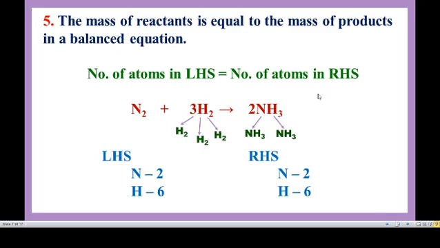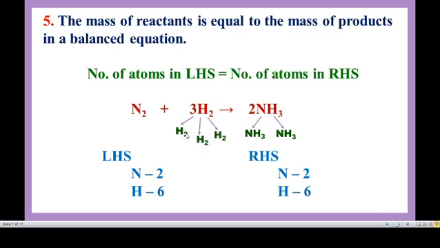So now we will calculate the number of atoms. The number of atoms on the LHS is always equal to the number of atoms on the RHS. Nitrogen plus hydrogen both react and produce ammonia. Now we will calculate the number of atoms on the LHS. 2 nitrogen atoms and 3 hydrogen molecules. One hydrogen molecule contains 2 hydrogen atoms.